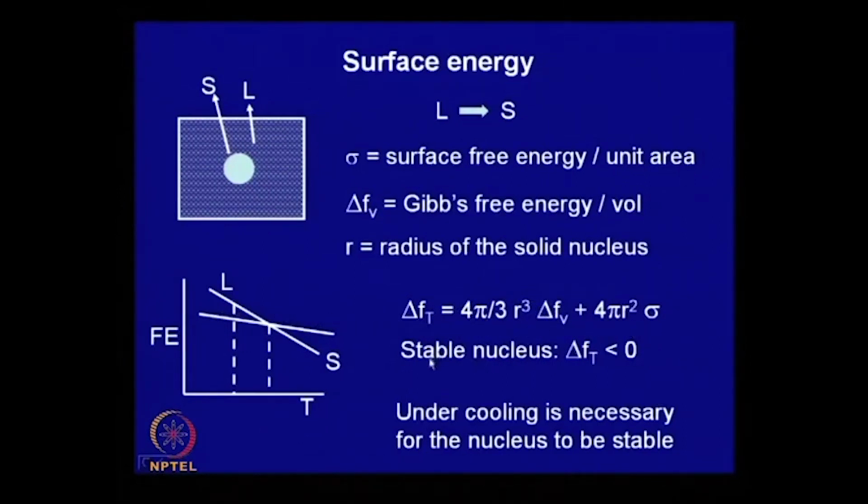For the nucleus to be stable, this energy should be negative, which is a possibility. So that clearly shows thermodynamically that undercooling is necessary for the nucleus to be stable.